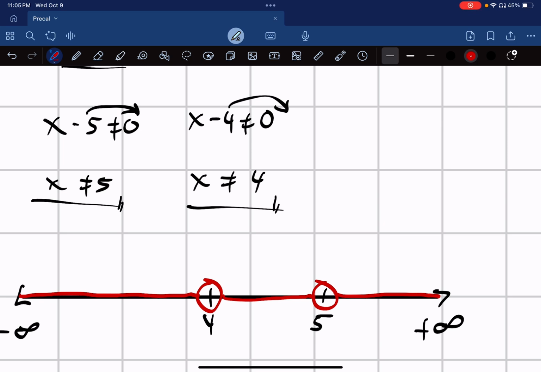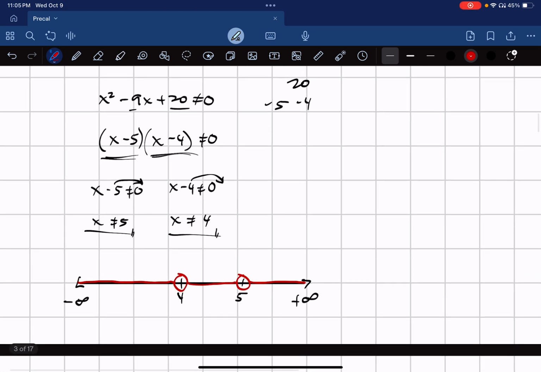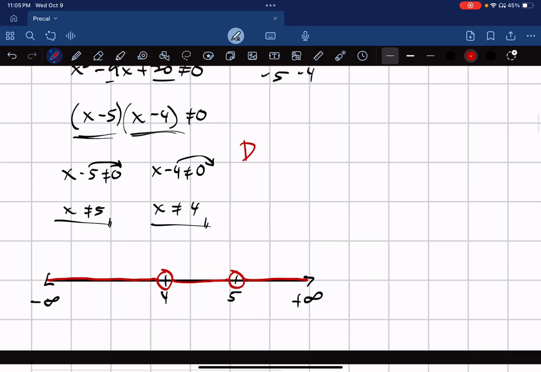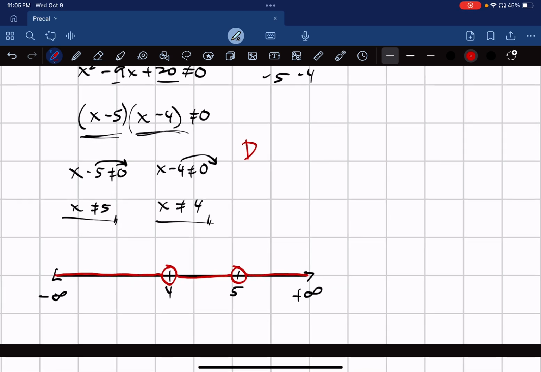So the domain is this. From the left side, negative infinity to 4, and 4 is not included, so parenthesis.